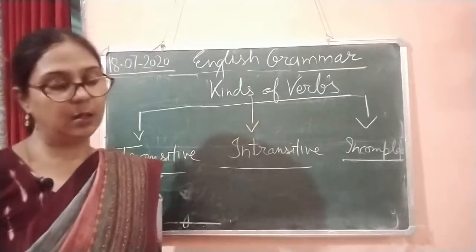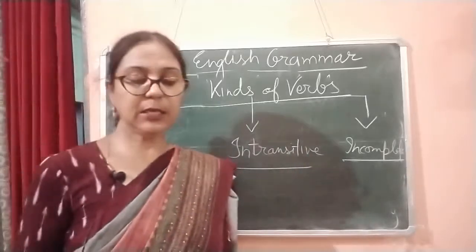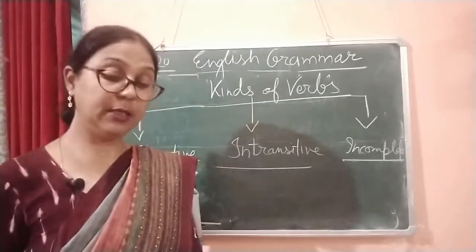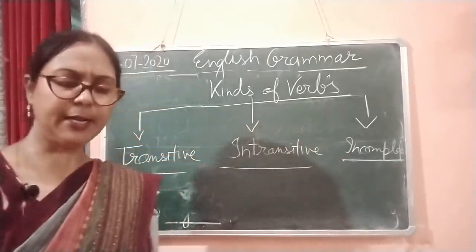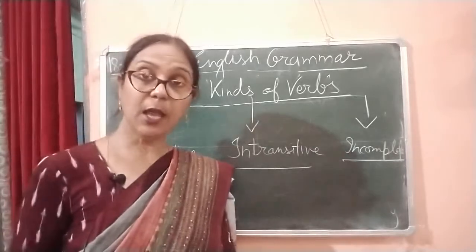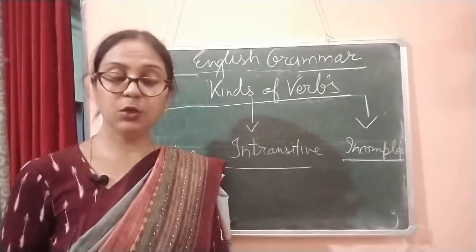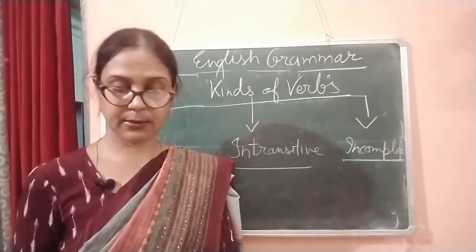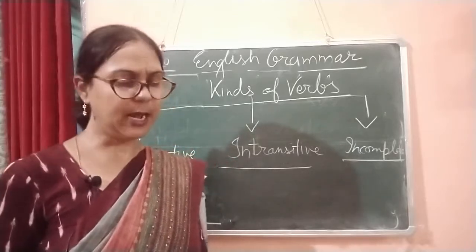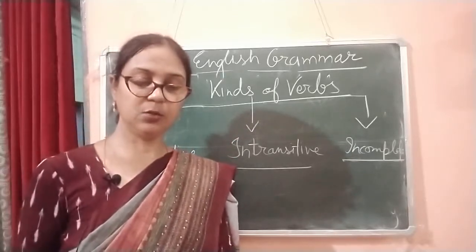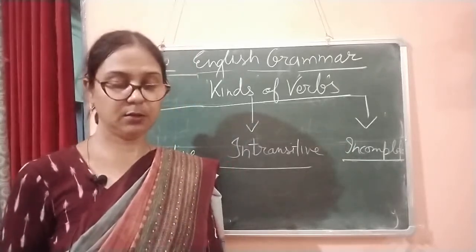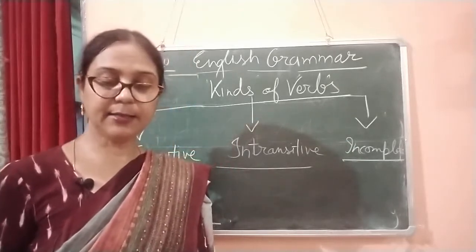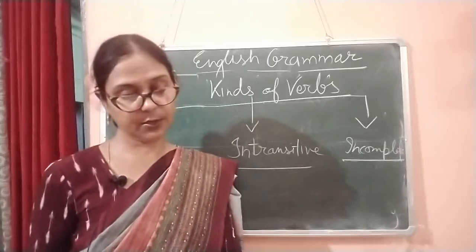Now, Seema bought candles. The girl opened the door. In these sentences, the verbs bought and opened do not make complete sense. Something must be added to each sentence to complete the sense. Each requires an object. The words candles and the door are objects.